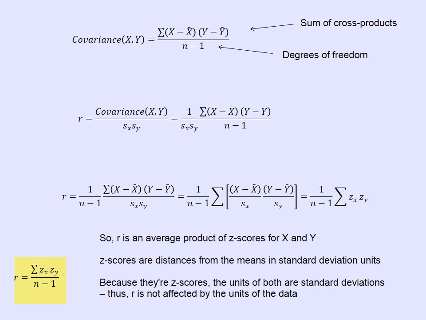How do we calculate that? Let's break it down some more. So covariance of X and Y, as you can see, is the sum of every X value minus its mean. See, there's a residual or deviate. You can call it either one, times every Y point in its distance from its mean. And the timesing of those two is called the sum of cross products, and it is divided by degrees of freedom.